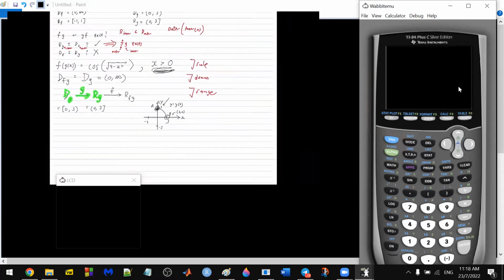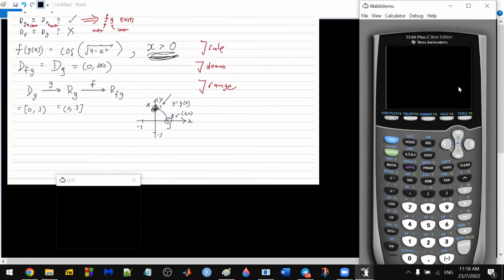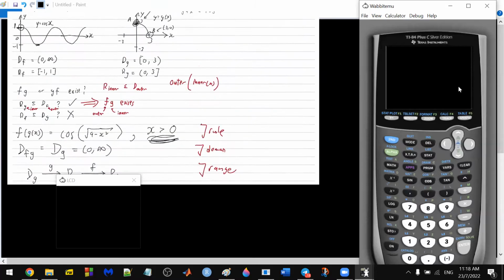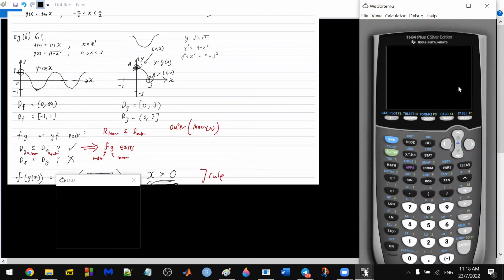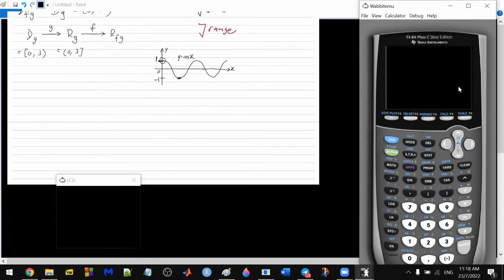Sorry, I realized I did it wrongly. I shouldn't be looking at g, I should be looking at f, right? You need a calculation. Then after that, with this range of g, you treat it as the new domain of f. Then you pass it into this function f. So it goes from 0 to 3.